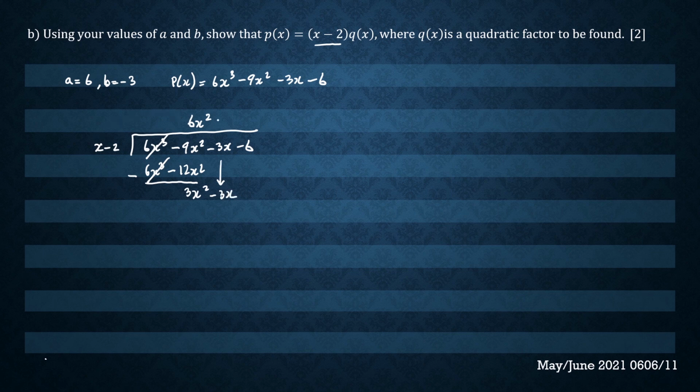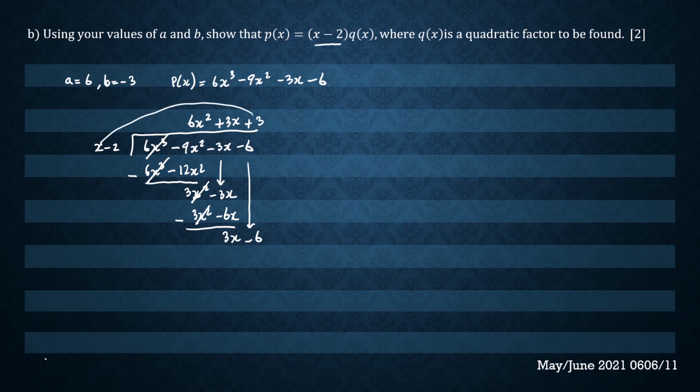So our next quotient term will be 3x. 3x times x is 3x squared. 3x times -2 is -6x. Then we subtract again. 3x squared minus 3x squared is 0. -3x plus 6x will be 3x. And drop down your -6. So the last term of our quotient will be 3.